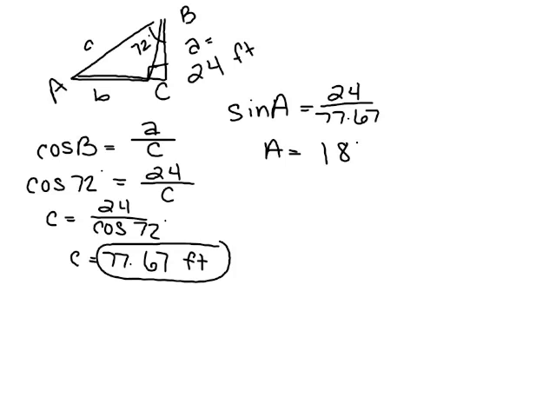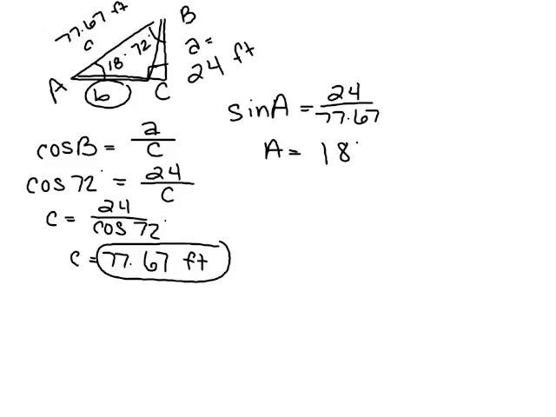Now I know angle A is 18 degrees. I know angle B is 72. I have a side length A of 24 feet and a side length C of 77.67 feet. What am I missing? Okay, side length B. So if I don't use the Pythagorean theorem, let's use a different one. You choose.